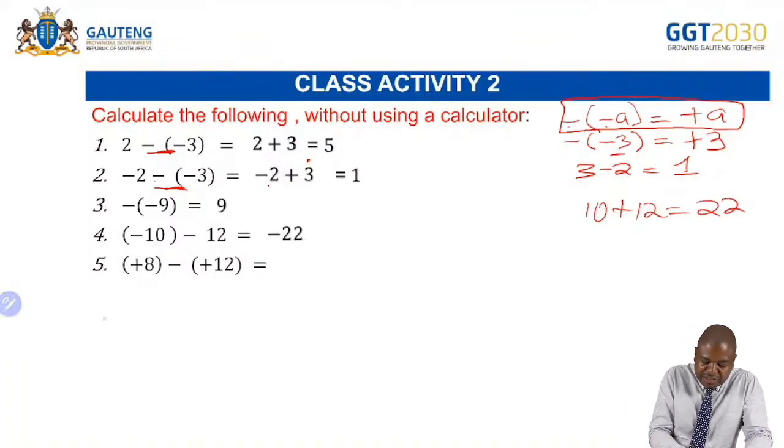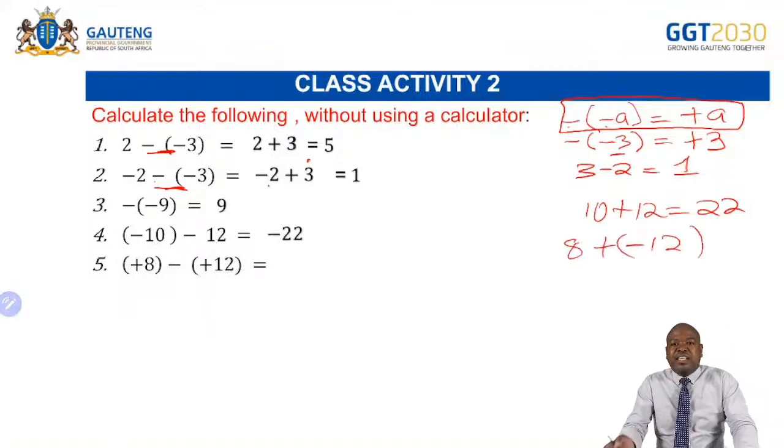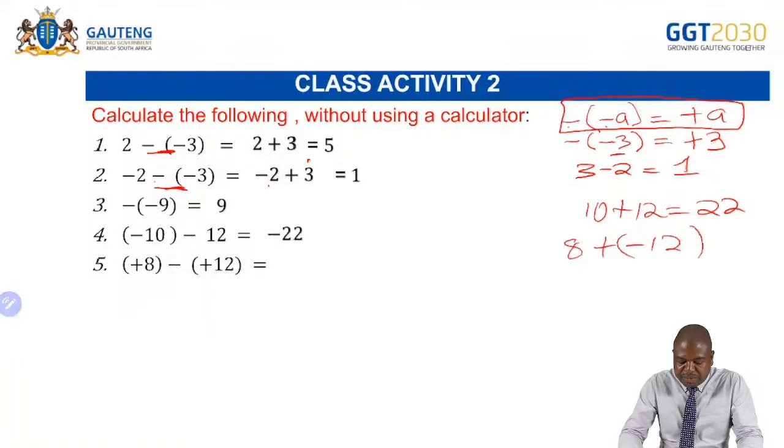And then lastly, 8 minus +12. We may rewrite that as 8 plus -12, which is the same as adding a positive and a negative number. What did we say about that?